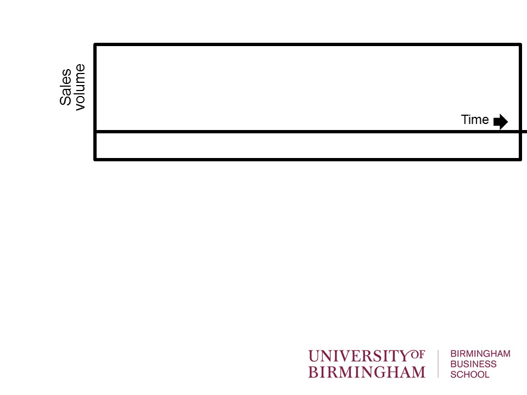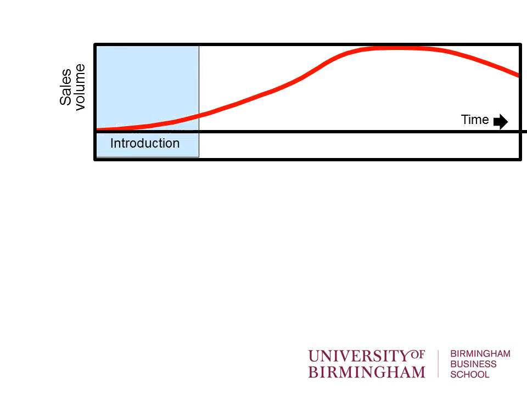Okay, so maybe we should think about the life cycle of a product or service. And across the top, I've taken this perspective before, we have sales volume over a period of time, and you can see that increases, and then over time, eventually at some point it will decrease. Then we have the stages of the life cycle of a product.